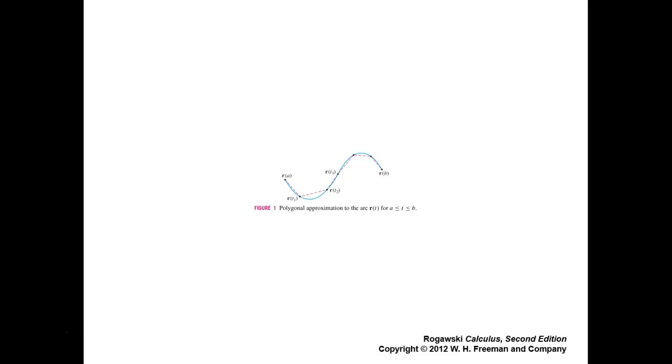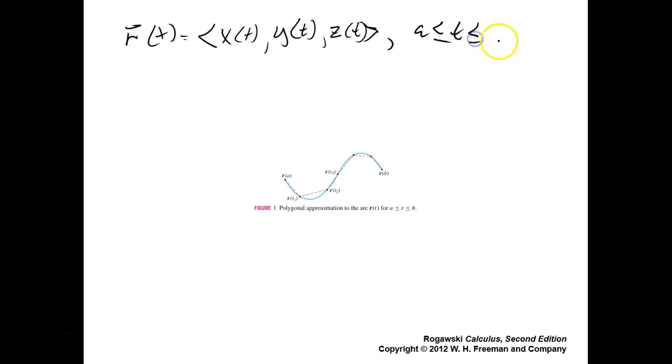And in general, the curve is defined to be the path r(t) equals x(t), y(t), z(t), three-dimensional, where t goes between a and b.